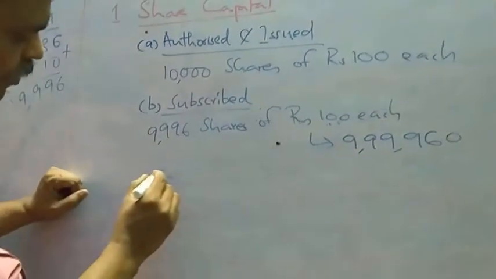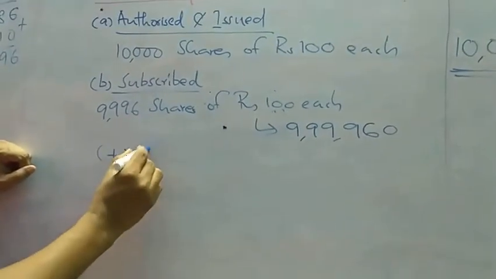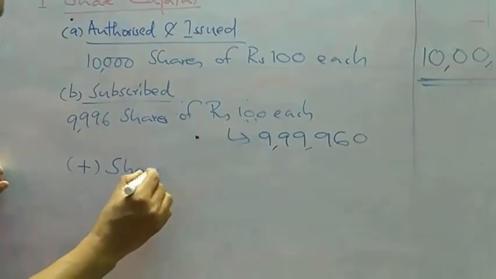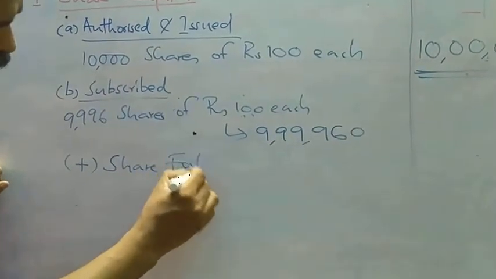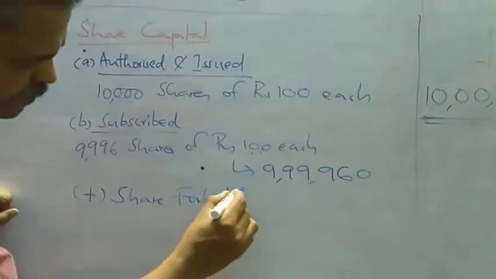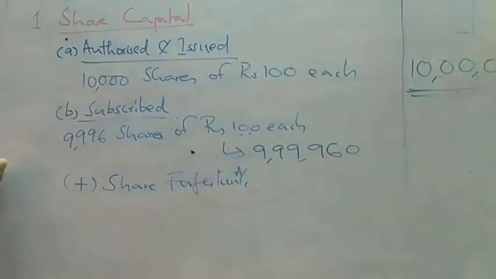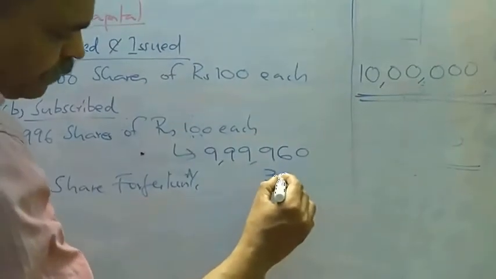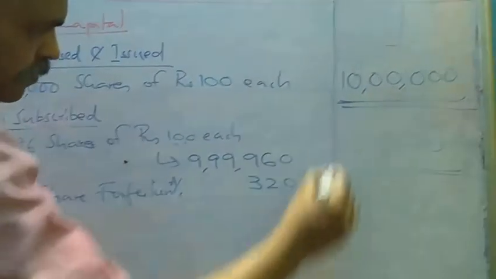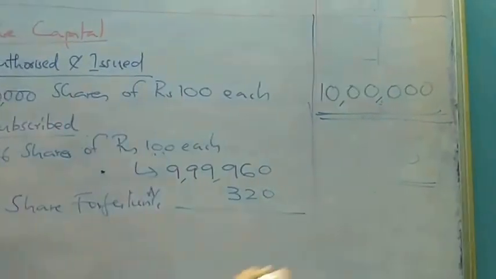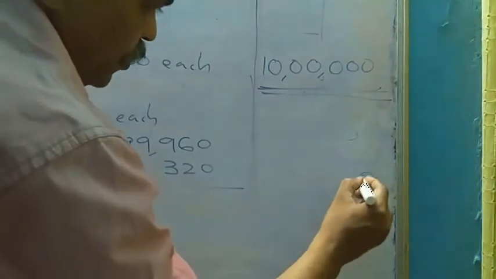Then you add share forfeiture account. So there's a balance of rupees 320. Add that one.